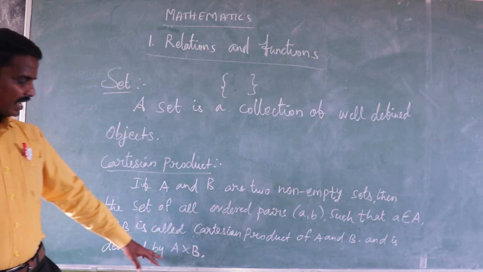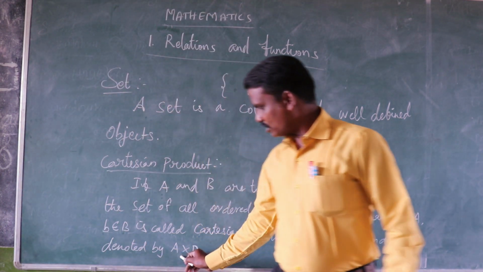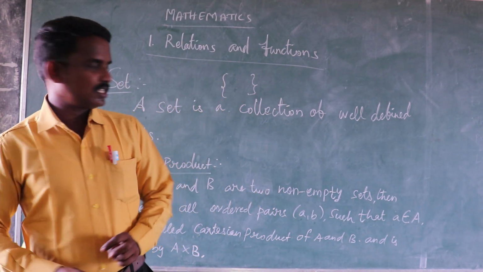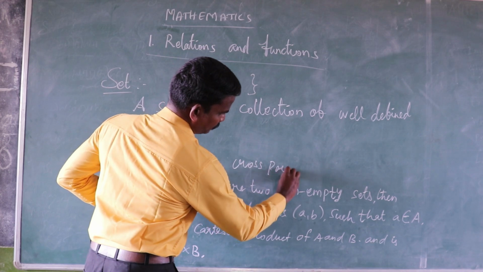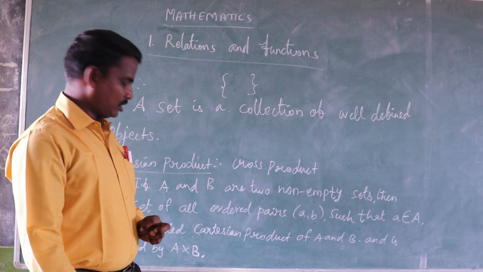It is denoted by A cross B. You can read this symbol as A cross B. This Cartesian product is also known as the cross product.